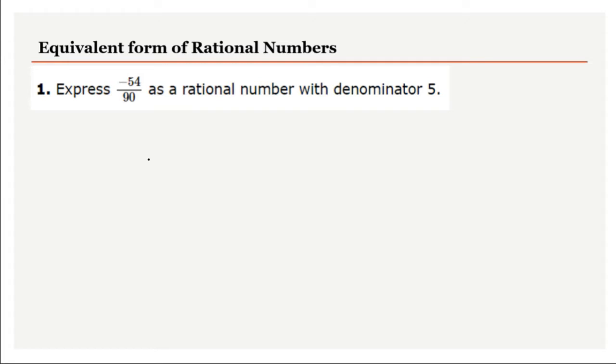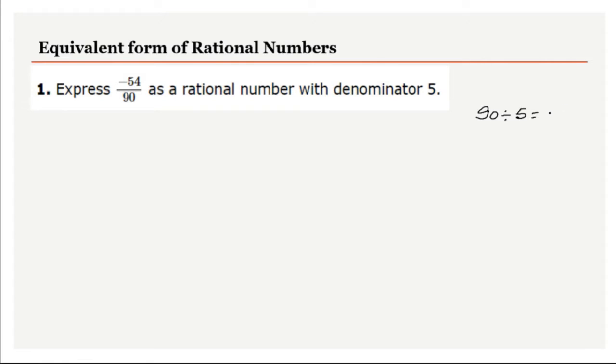First question is to express minus 54 upon 90 as a rational number with the denominator 5. In order to do this, first let me divide 90 by 5 so that I will come to know by which number I need to divide both the numerator and the denominator.